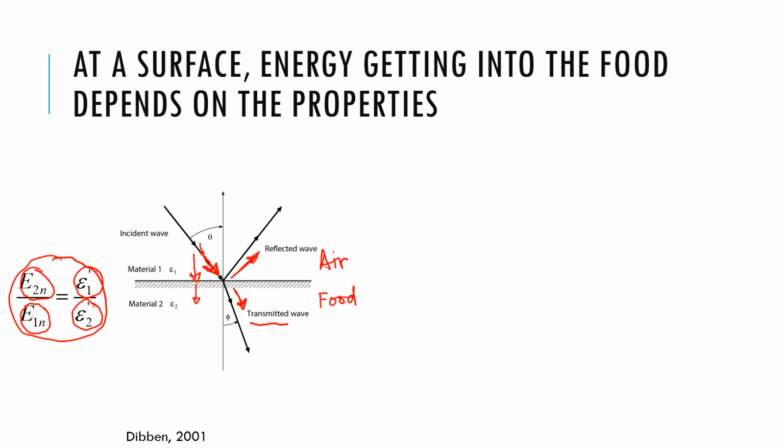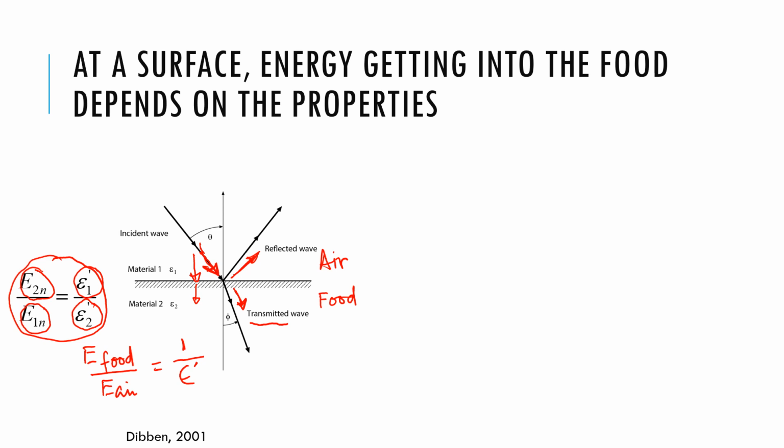So this is going to look something like E food over E air is going to be, for air, dielectric constant is 1, and for food, let's say, epsilon prime.